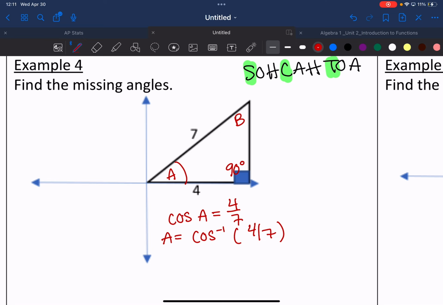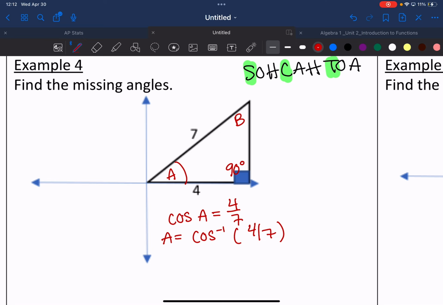So just like you did before, you're going to go on your calculator, and I'll do this one with, let me grab my calculator. So we're going to go to the trig function here. I'm going to find cosine inverse, so it's the cosine with the -1 at the top. And then I'm going to type in 4 divided by 7.